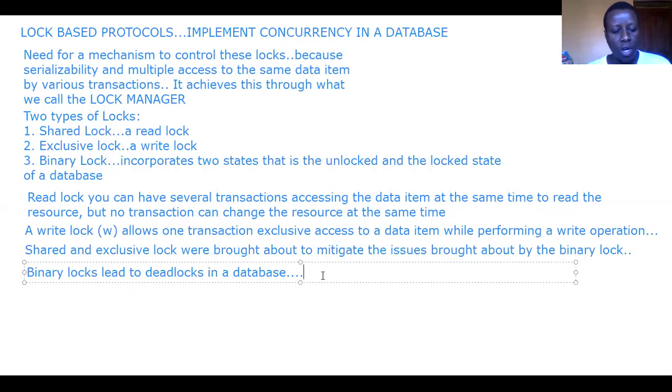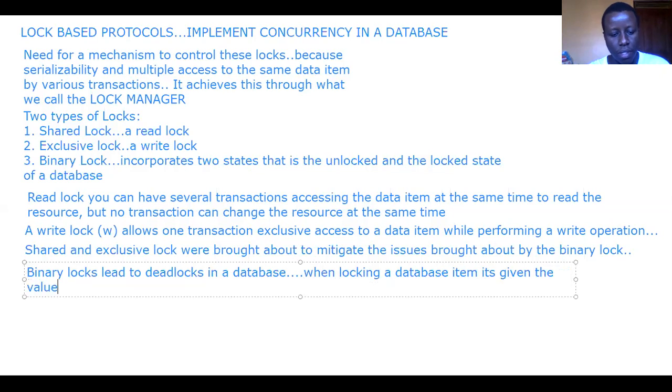Why? In a binary lock, what usually happens is that when locking a database item, because you don't lock a transaction, you lock a database item. Remember that. You lock a certain record or a certain table to be used by that transaction. When locking a database item, it's given the value 1 for lock and 0 for unlocked.